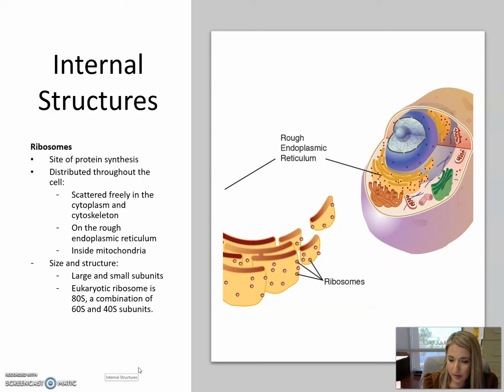They obviously can't be in the mitochondria because bacterial cells don't have mitochondria, and they can't be on the rough ER because bacterial cells don't have rough ER. So they are typically just in the cytoplasm compared to those various other locations that eukaryotic cells would have them present. But functionally, ribosomes, regardless of cell type, still serve the purpose of synthesizing proteins.